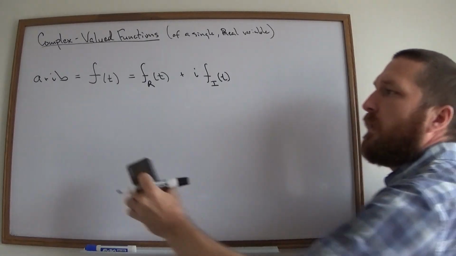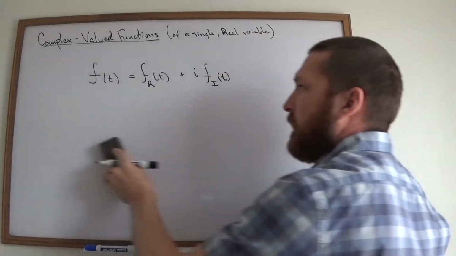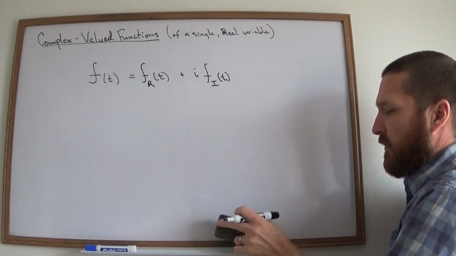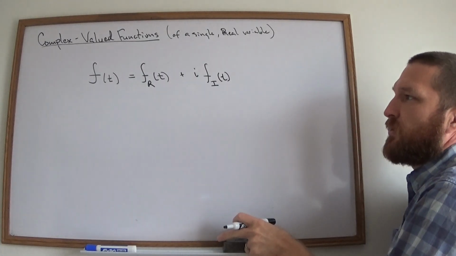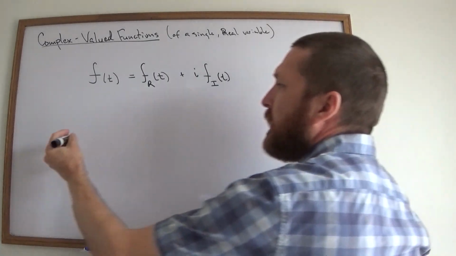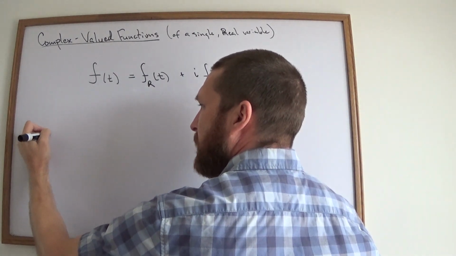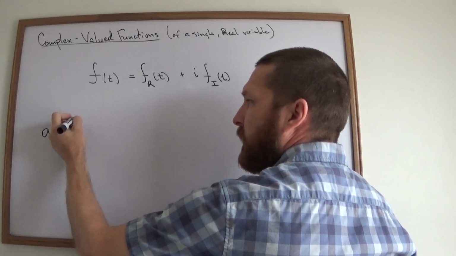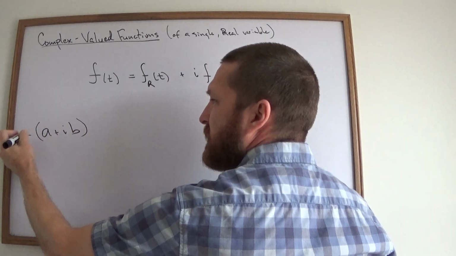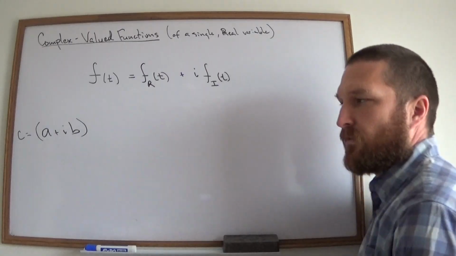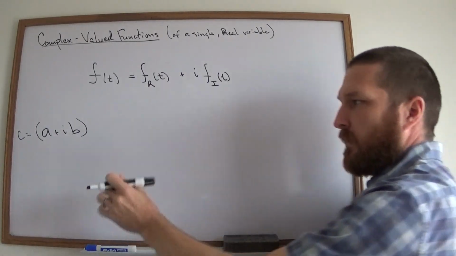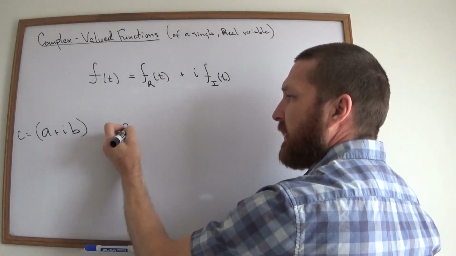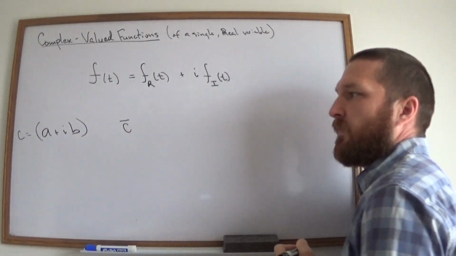Now we're going to do this. First, we're going to talk about complex conjugation. And the complex conjugate of any complex number, let's call this number c, that's just some complex number c. Its conjugate, we write a little bar over the top.